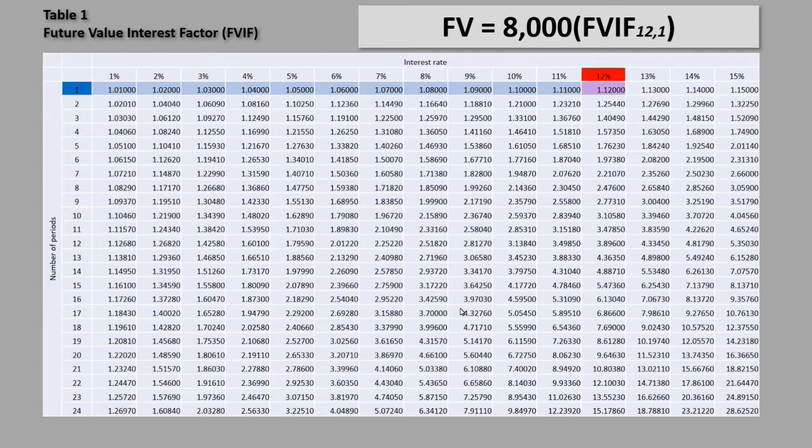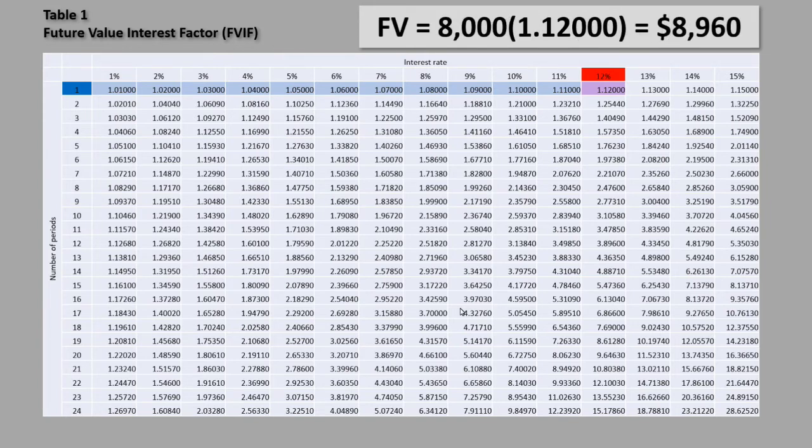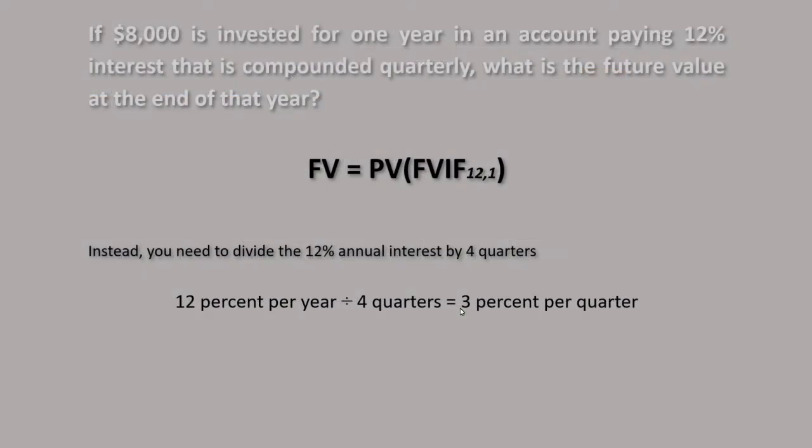That leaves you with a factor of 1.12. Now, if you insert that into your formula, that's going to give you $8,960, the future value of $8,000 at 12% interest. $8,960.